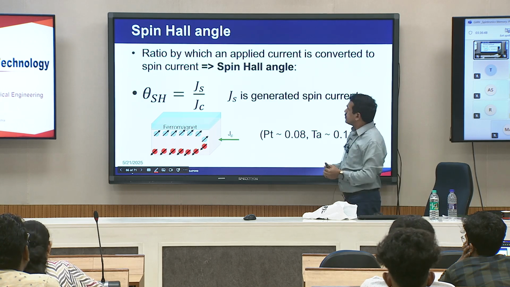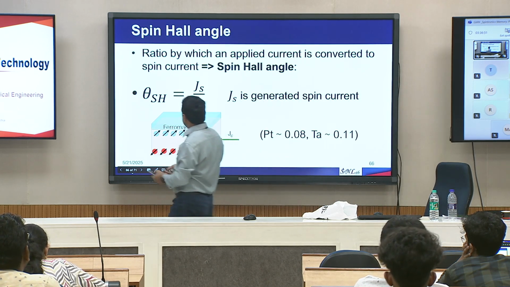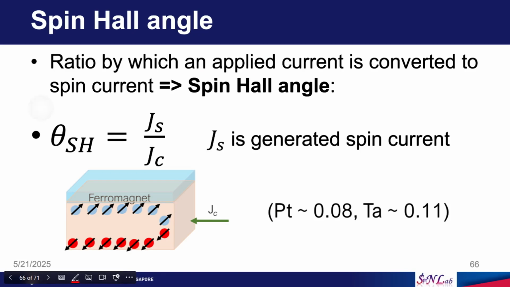Okay, so people use some terms like spin Hall angle or spin torque efficiency to determine how efficiently we can switch information, switch the magnetization using the spin Hall effect.